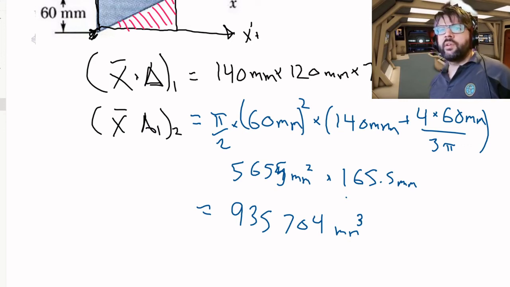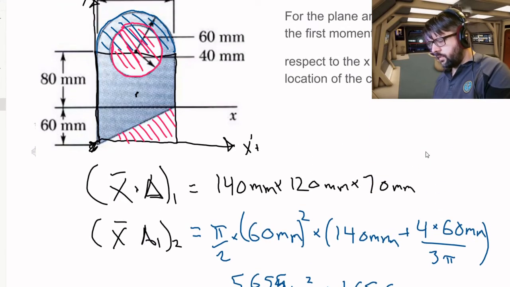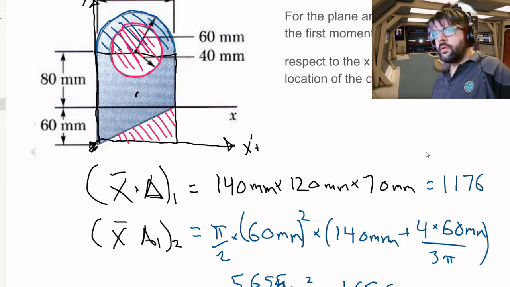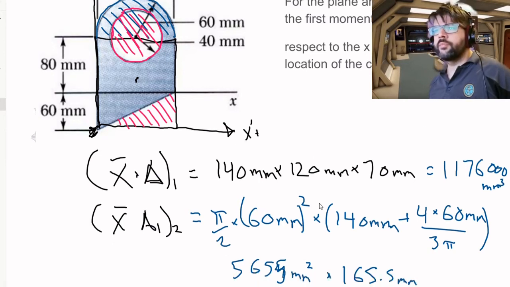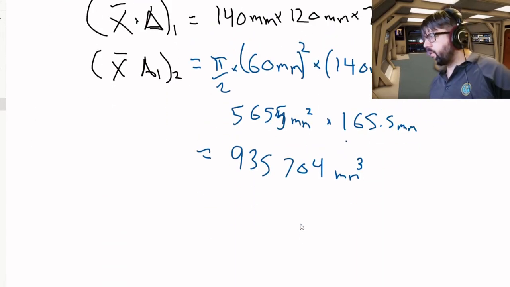I should actually calculate what our value for 1 is: 140 times 120 times 70. That gives us 1,176,000, again millimeters cubed. Okay, so we got that.